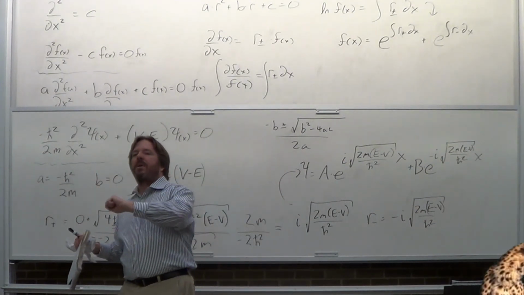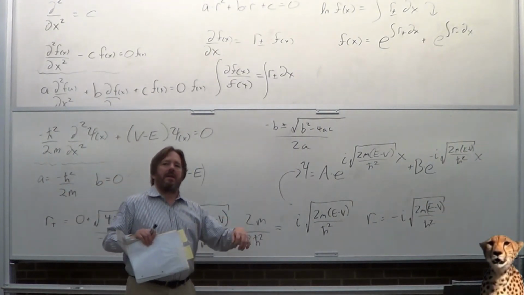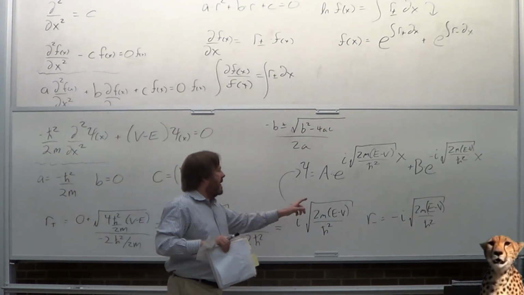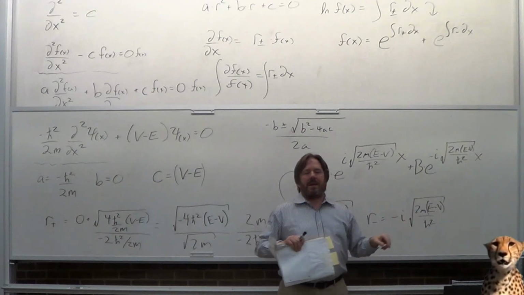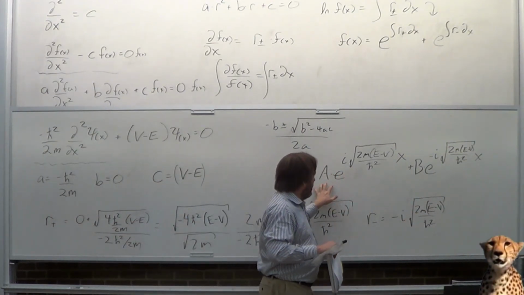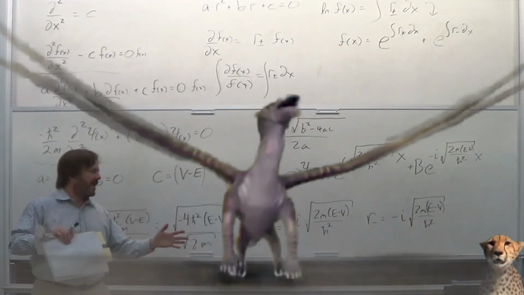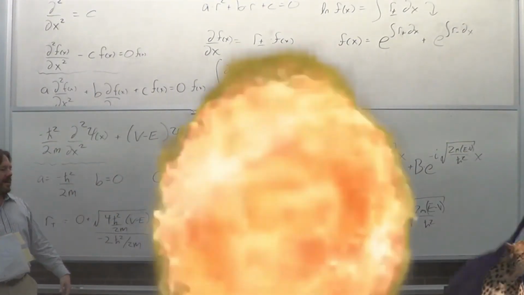Because I set it up with the particle initially moving towards the barrier and with a certain amount of energy, that is how you figure out A and B. So right now, you can't whittle this down any further because you have to have more information to solve it like we'll do on Monday. Anyway, okay, then here we go.